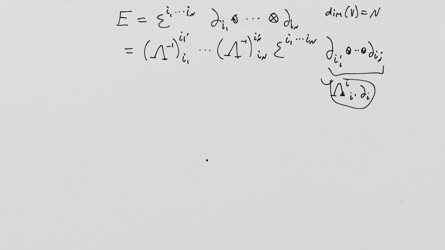Each one of these has already been replaced there. So we still have these guys over here, which make up E I 1 prime, E I n prime, like that.